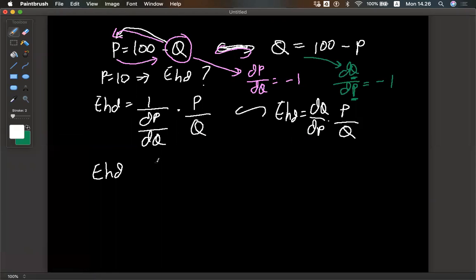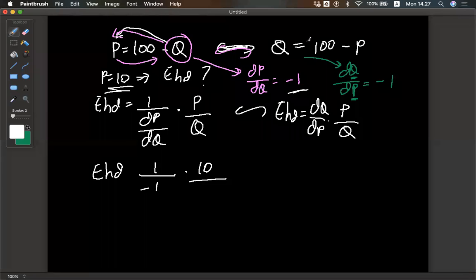So if I have this, minus 1 times P, where P equals 10, then the quantity Q is 100 minus P, which is 100 minus 10.